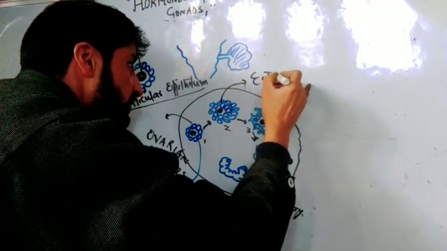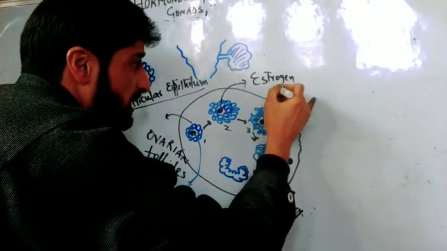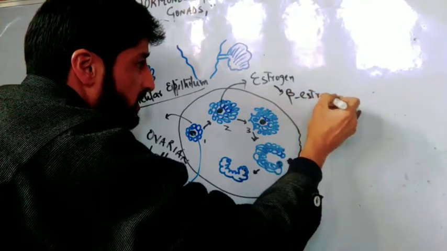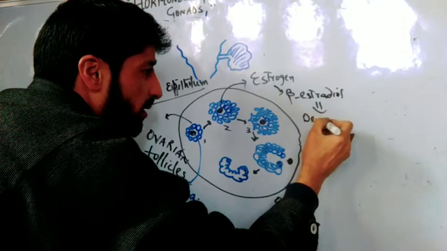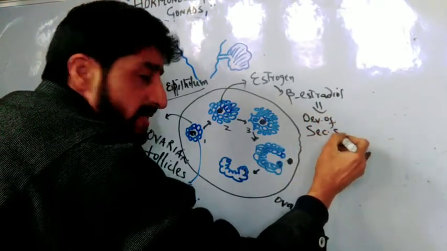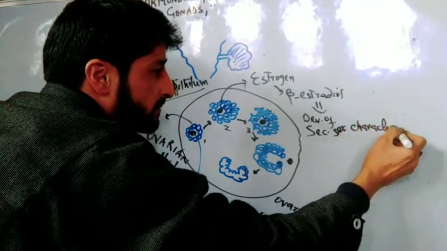That hormone is known as estrogen or female sex hormone or beta estradiol. This beta estradiol is responsible for development of secondary sexual characters in females.